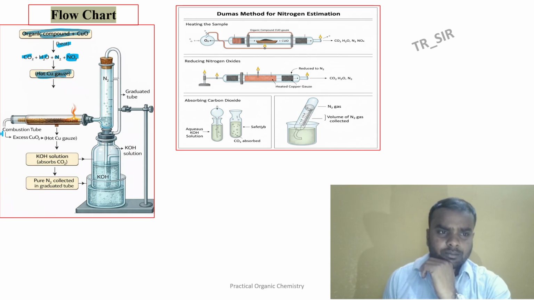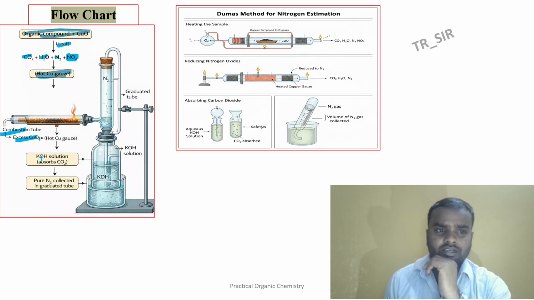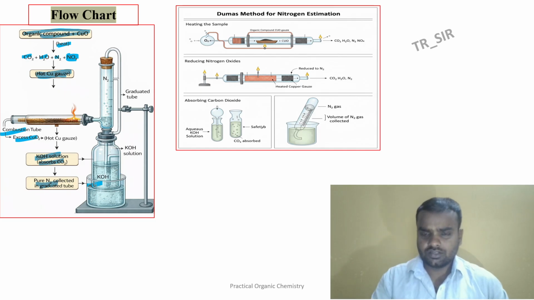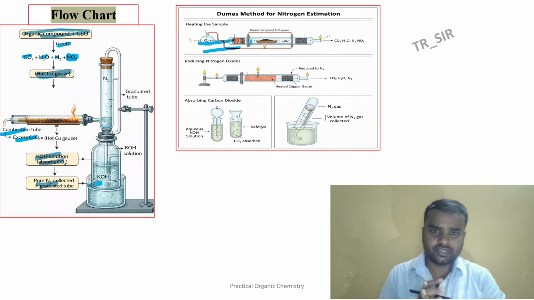Then what happened here? In the combustion tube, excess CO2 we are passing. Then KOH absorbs the CO2 gas, and pure nitrogen is collected here. So there we call it the moist pressure. This process is also given completely clearly here, so go through this one.